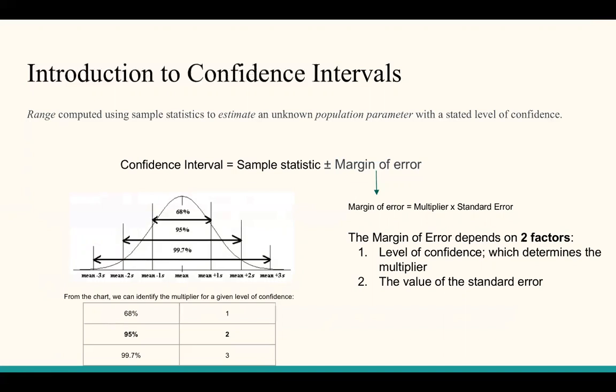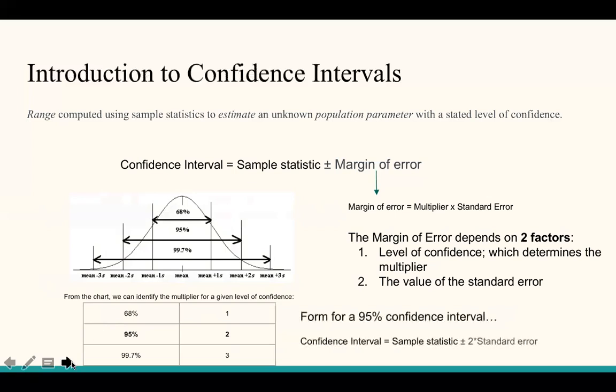So if you have a confidence level of 68%, your multiplier would be 1. If you have a confidence level of 95, your multiplier would be 2. And if you have a confidence level of 99, your multiplier would be 3. So whichever level of confidence you have, that number that corresponds to it would be your multiplier. And then you would multiply that by your standard error in order to get your margin of error.